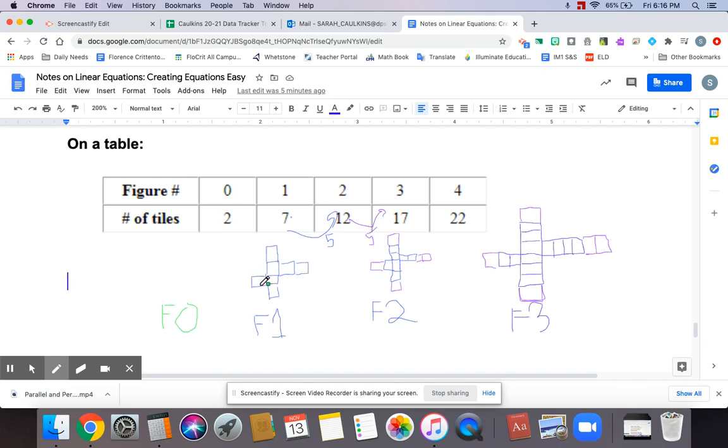If I make those go away, then I am only left with the middle 2 because I took the 5 around it away that I've been adding on. So that's why figure 0 would have 2. So that's what this is talking about. It's talking about figures, like images, and how many tiles are in that picture. And they're usually always going to follow a pattern where you're adding the same amount to the same spots each time.